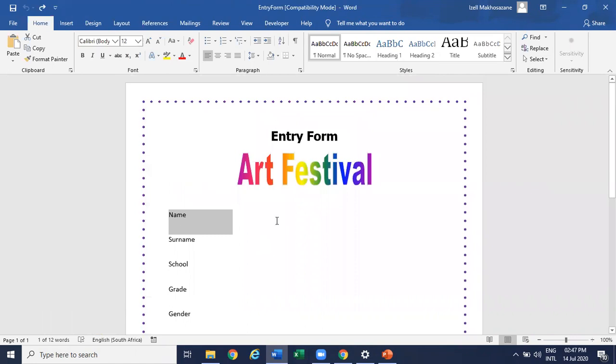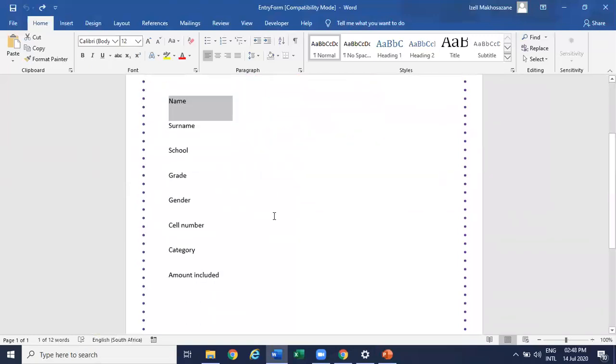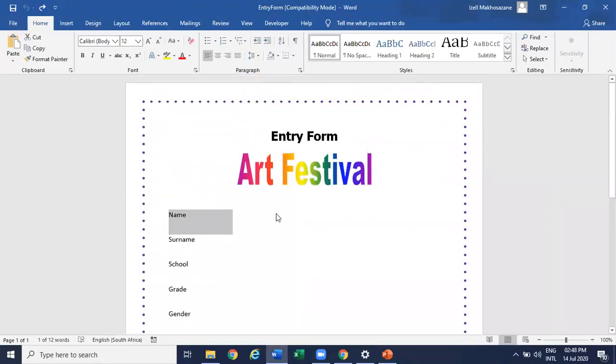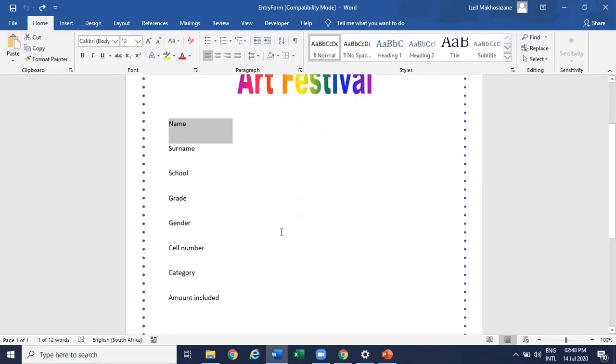This is an entry form for an art festival, but this is the same as a survey because the person who's trying to collect this type of information wants to know how many learners are interested in coming to the art festival, their names, their surnames, the school, grade, gender, their cell number, the category, the amount included.